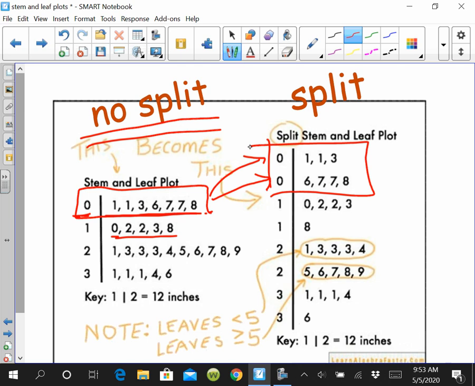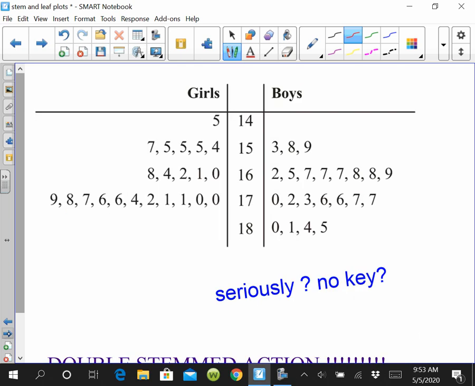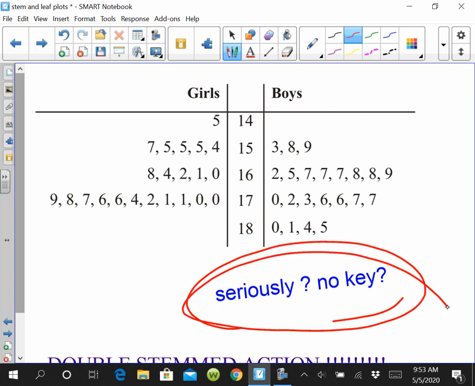Totally optional, and you get to decide as the statistician. Well, again, there's no key here. I have no context of what this data means, but I do see there's boy leaves and girl leaves, but I don't know what it means. So you should have a key.